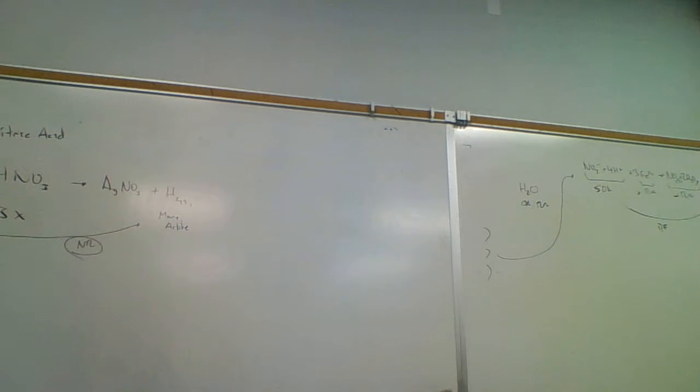And so, does anybody even recall when I was talking about acids? There are two types of acids. One type of acid is called the mineral acid. The other type of acid is called the oxidizing acid.